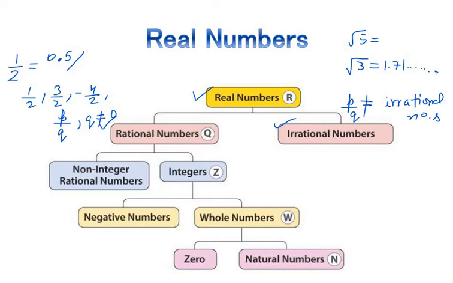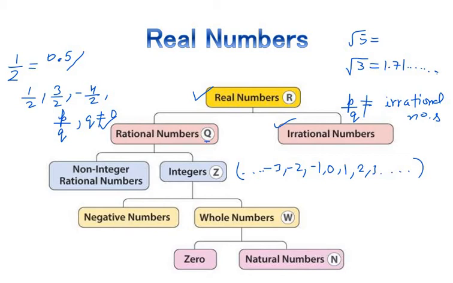Now rational numbers are denoted by Q, big Q, and rational numbers are divided into two parts, that is integers. Integers are all the numbers like minus 3, minus 2, minus 1, 0, 1, 2, 3 and so on.